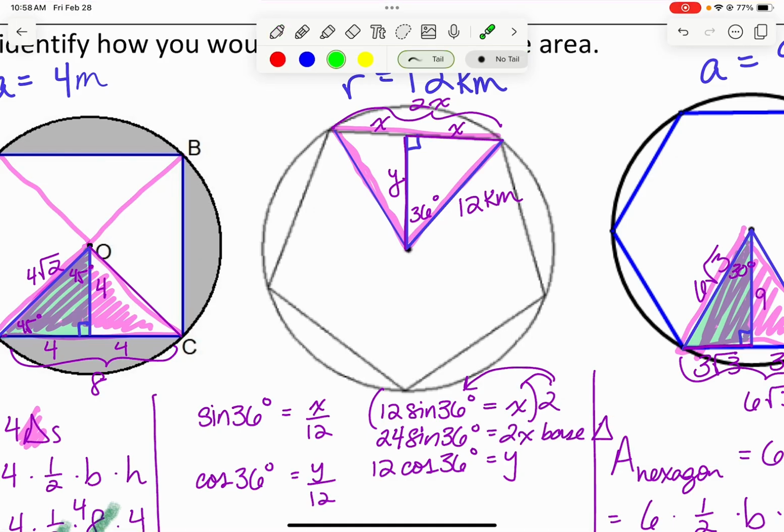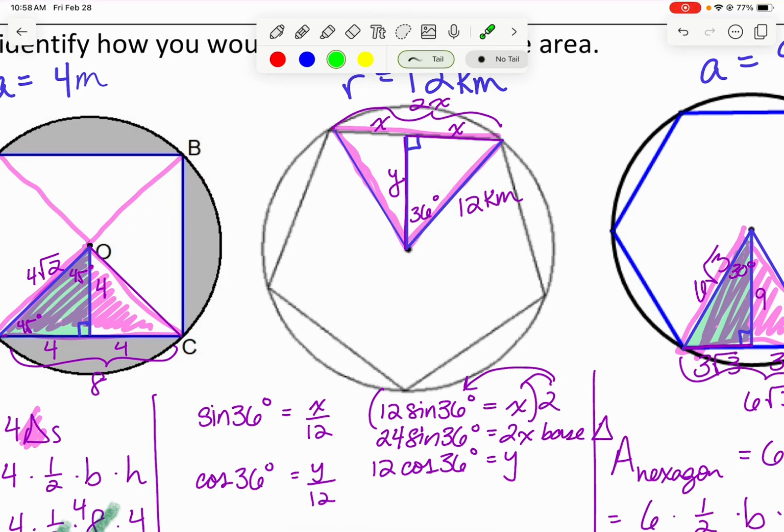So I multiplied x by 2 to get the whole base here that I'm highlighting in green. And when I multiply 12 sine of 36 by 2, only the 12 gets multiplied by the 2. The angle that we're referencing does not change. This is still a 36-degree angle.